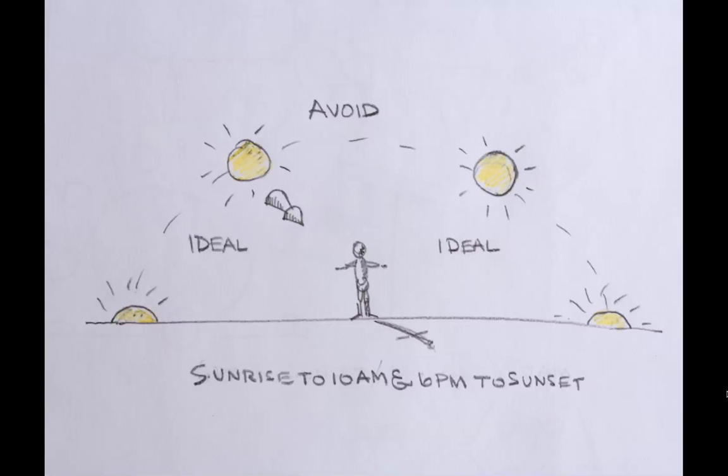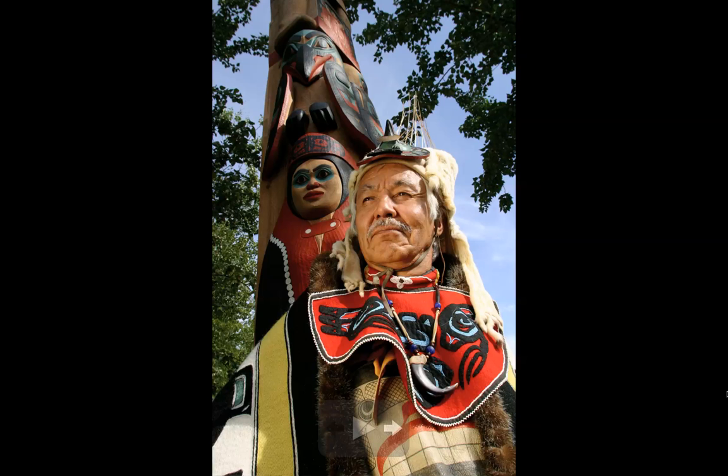So depending on where you are, on the equator or up here in Alaska, you're going to have varying amounts of what we call magic light. And this is a great example of what to avoid, when that sun is way up in the sky. The closer it gets down to the horizon, the better it is, and sometimes even before or after the sun sets.